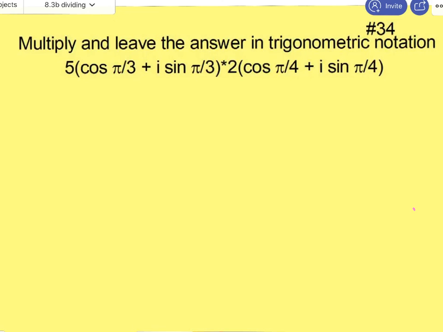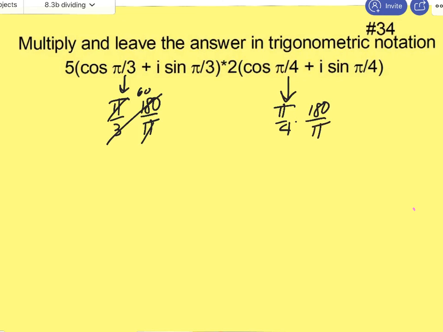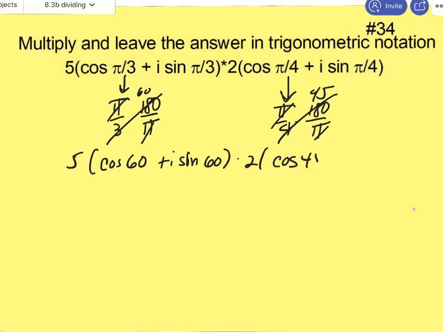So in this problem, first thing I probably want to do is convert pi over 3 to 60 and pi over 4 to 45, showing me I now have 5 times the cosine of 60 plus i sine of 60 times 2 cosine of 45 plus i sine of 45.